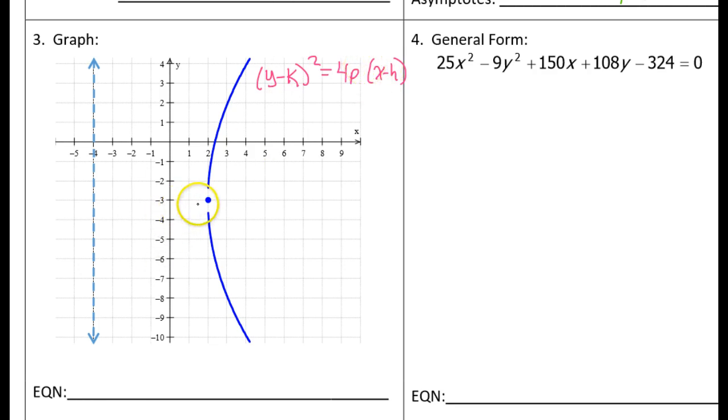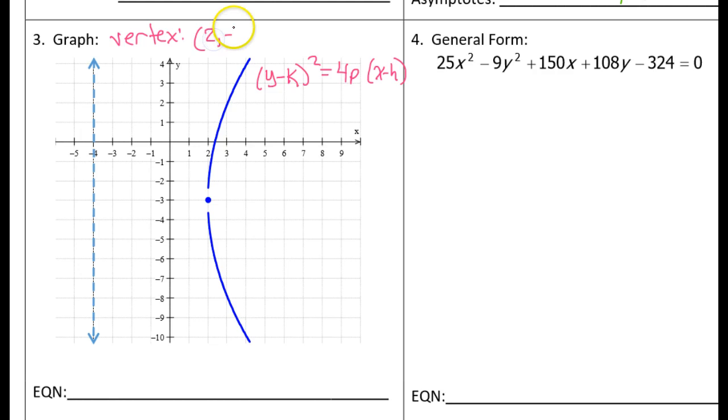Okay, so the h and the k are the coordinates of the vertex. So let's get that out of the way. So what's the vertex? The vertex is right here at 2, negative 3.